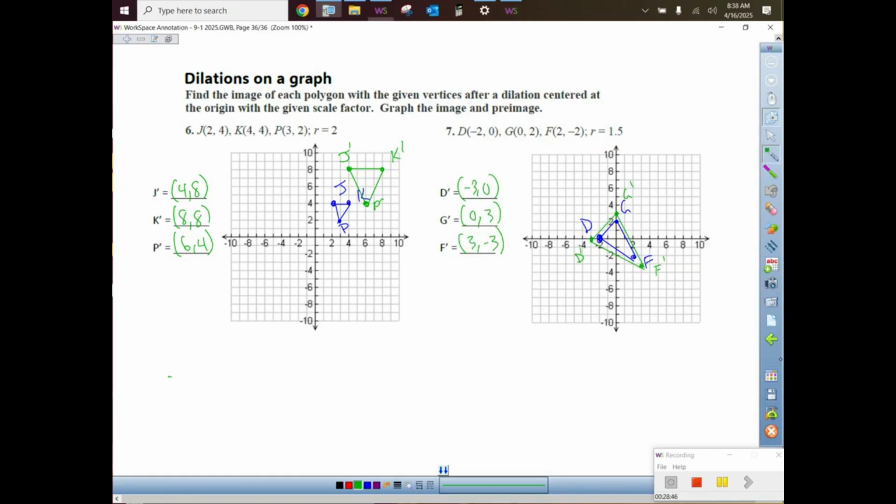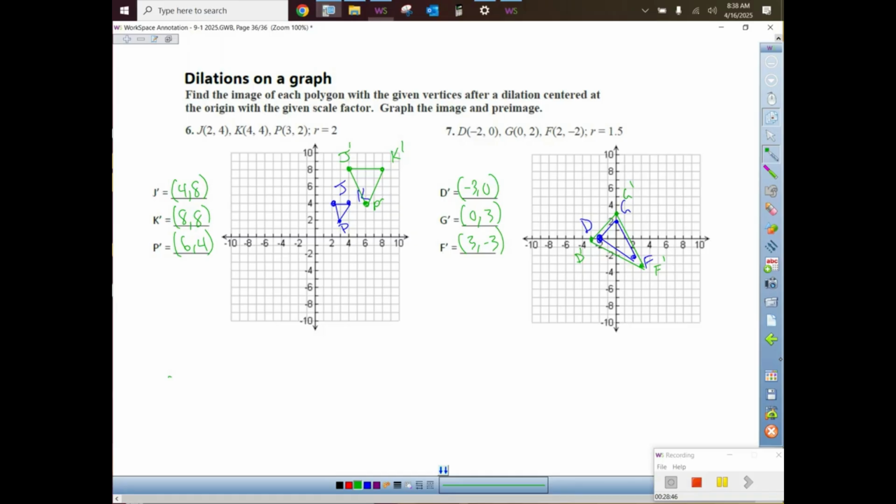And it's totally okay if you don't understand this answer. But once you get him graphed, how come on this one, the original, the pre-image is like inside of the image, and it didn't happen on the other one? Like, why did this one, the blue one's completely inside the green one, but it didn't happen on the other one? Talk with a neighbor about it.